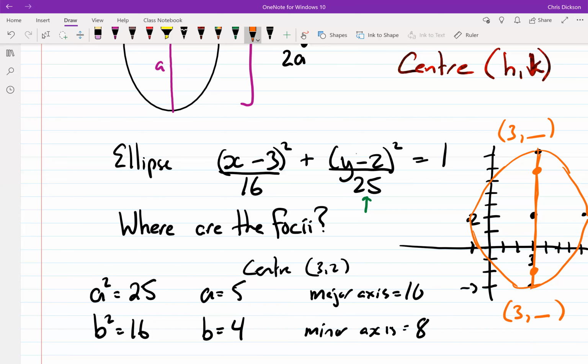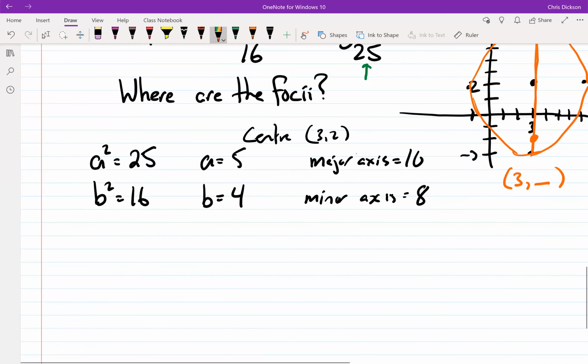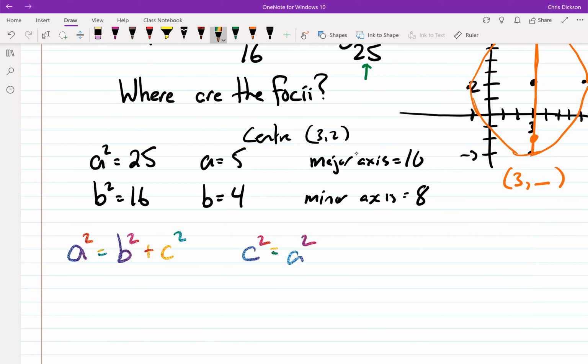So how do I find c again? Well, I know that a squared is equal to b squared plus c squared. So c squared would equal a squared minus b squared. So I have an a squared value of 25, and I'm minusing 16. So my c squared value equals 9. So my c value equals 3.